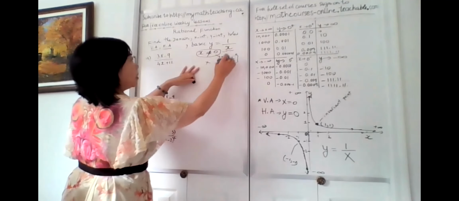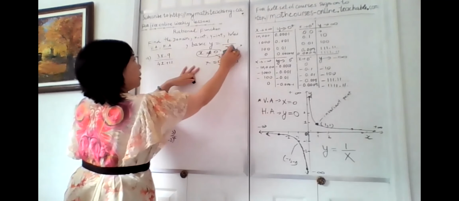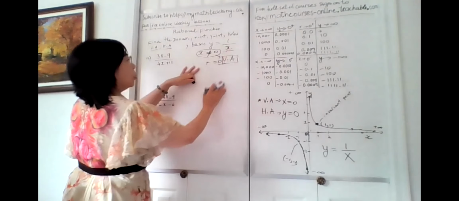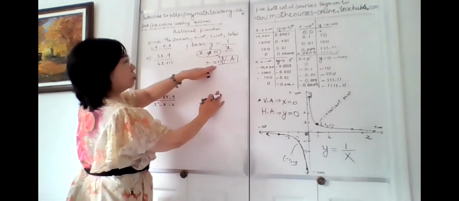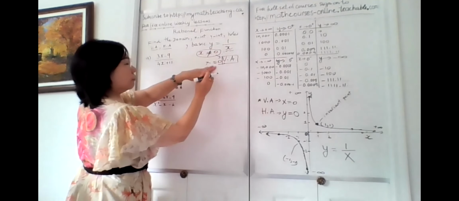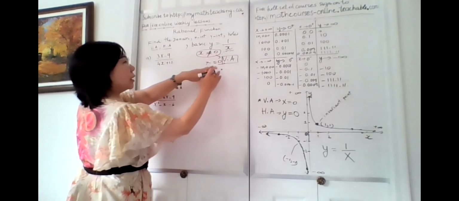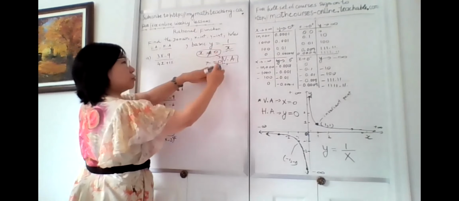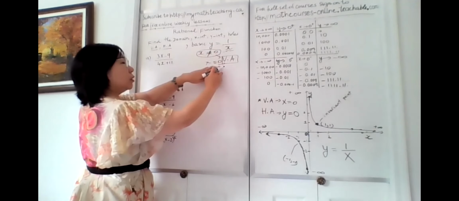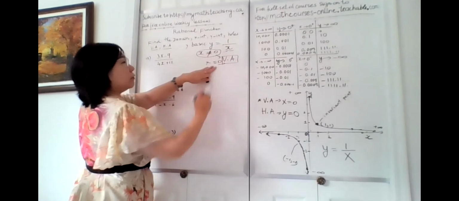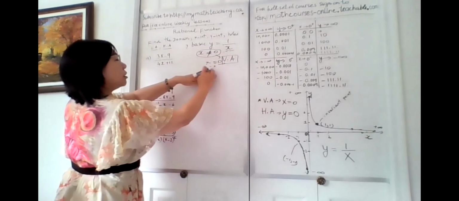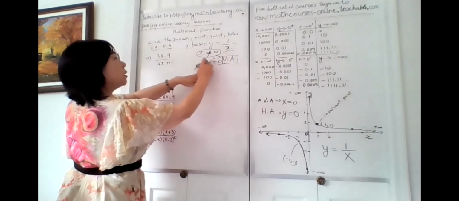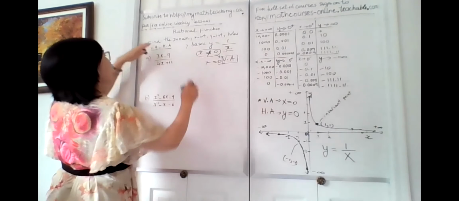Basically, to find the vertical asymptote, we set the algebra here equal to 0 and solve for the x value. As long as x equals 0 in this basic function, we know that is the vertical asymptote. Also, we can say the restriction for x is that x has to be different from 0.